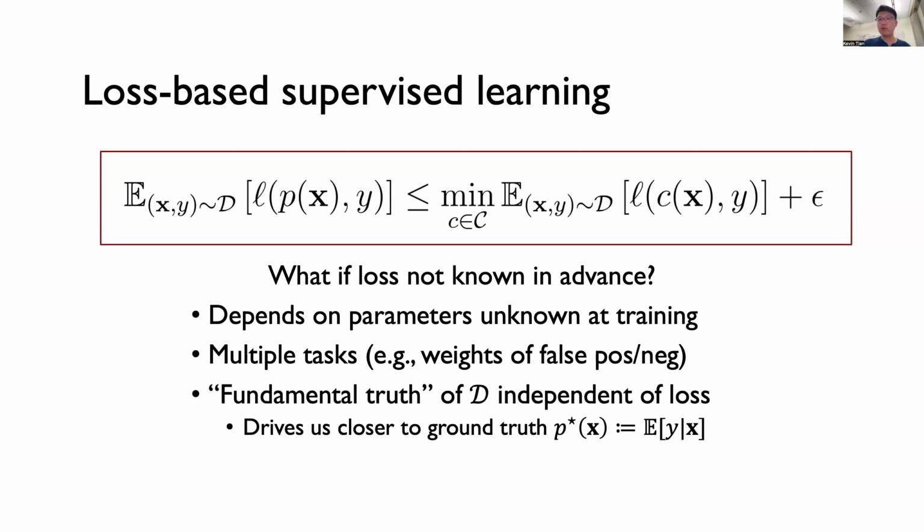And from a more philosophical perspective, one might ask the question, what does it mean for a predictor P to measure y given x? Evaluating using a single loss is just one measure of how close we are to the ground truth. But if we audit it with multiple losses, then we somehow capture more generally the ground truth of the expectation of y given x.